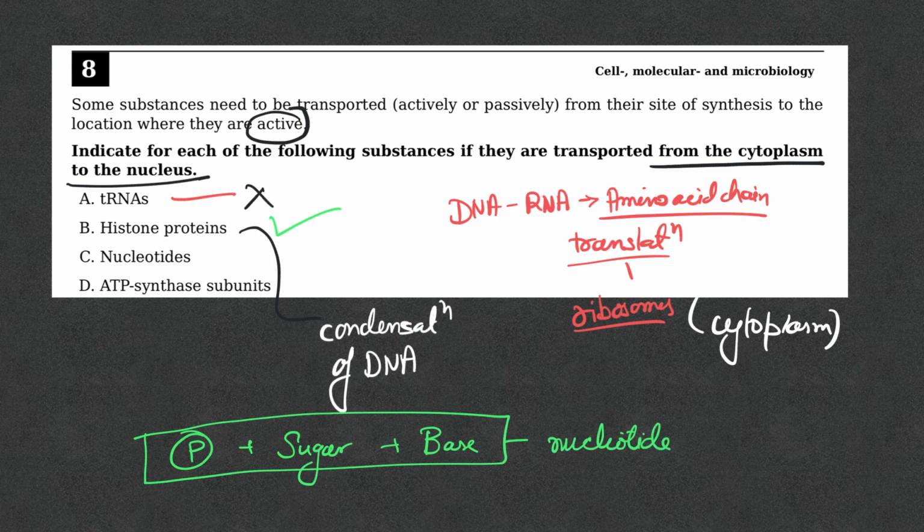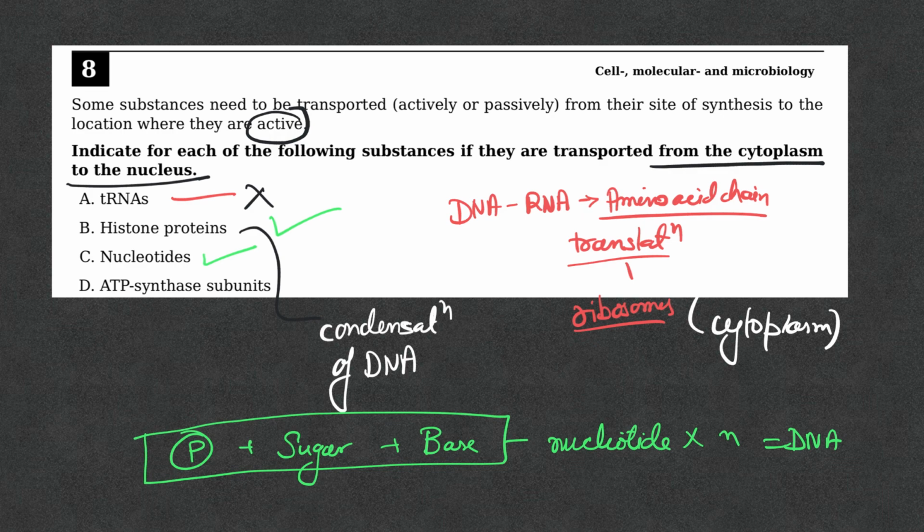Many nucleotides together make up DNA. That means nucleotides need to go inside the nucleus where DNA replication happens. What is DNA replication? Copying the DNA, right? So you need nucleotides to make a new strand. So this is also our guy because they need to be transported from the cytoplasm to the nucleus.